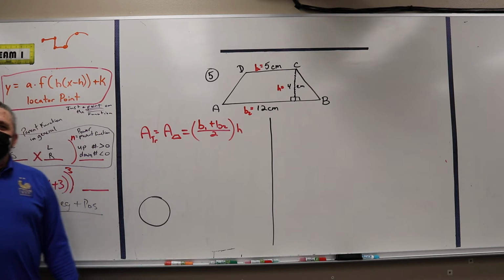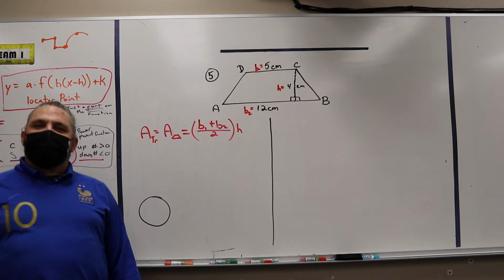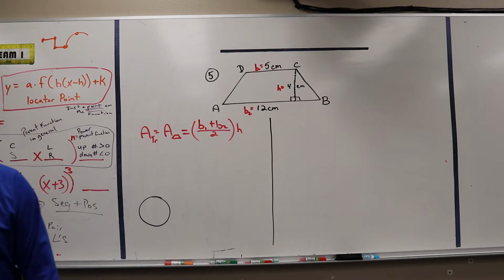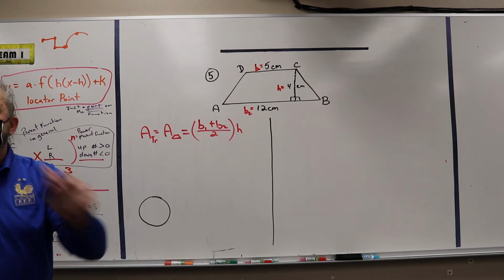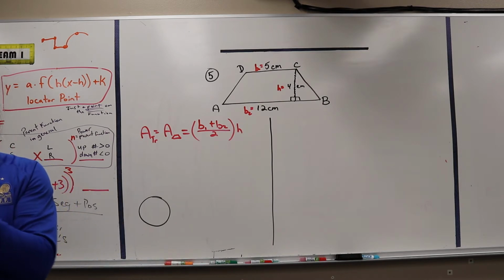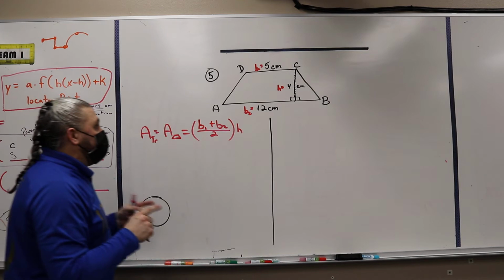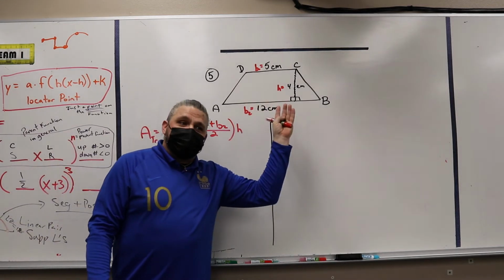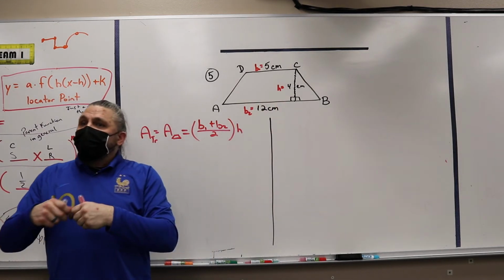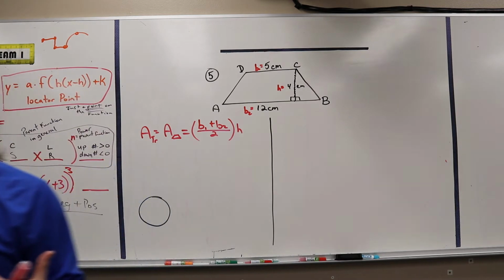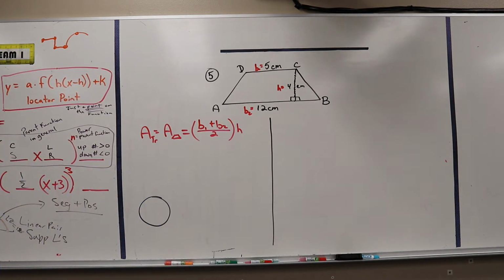So a square is always a rectangle, but a rectangle isn't always a square. It has to be a special rectangle, right? So in the same aspect, a special trapezoid could be a rectangle. Because the definition of a trapezoid is what? Two opposite parallel sides. What's the definition of a rectangle?